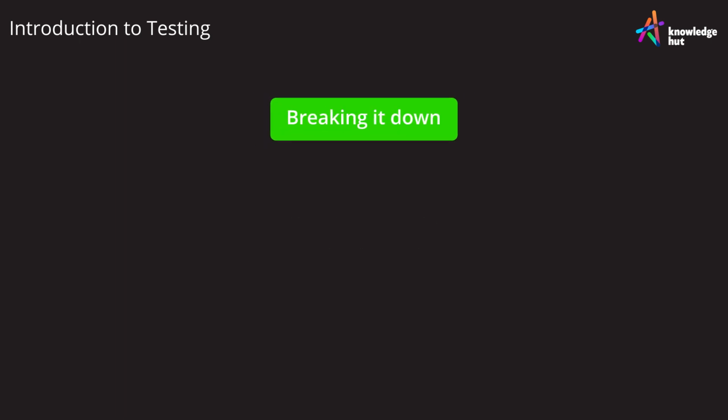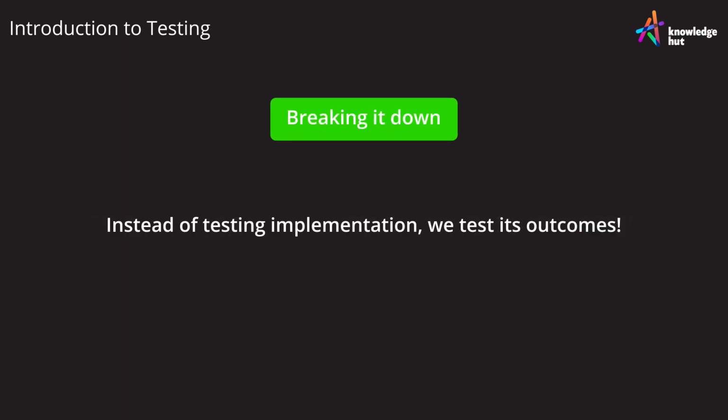But one core thing to remember here is that instead of testing implementation, we test its outcomes. Testing internal logic is an incorrect way of testing components, which is why test runners like Jest are designed to help you test outcomes, the end result which the user sees and interacts with. Ultimately, you are testing from the point of view of users and their behavior.